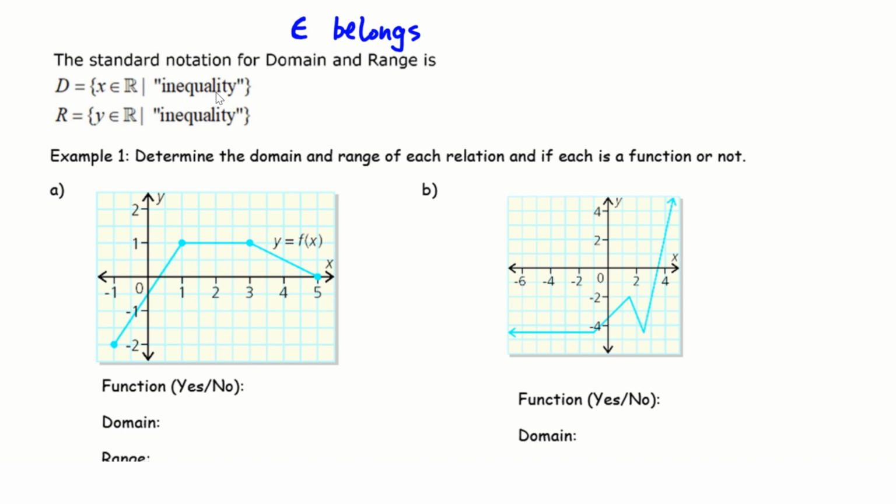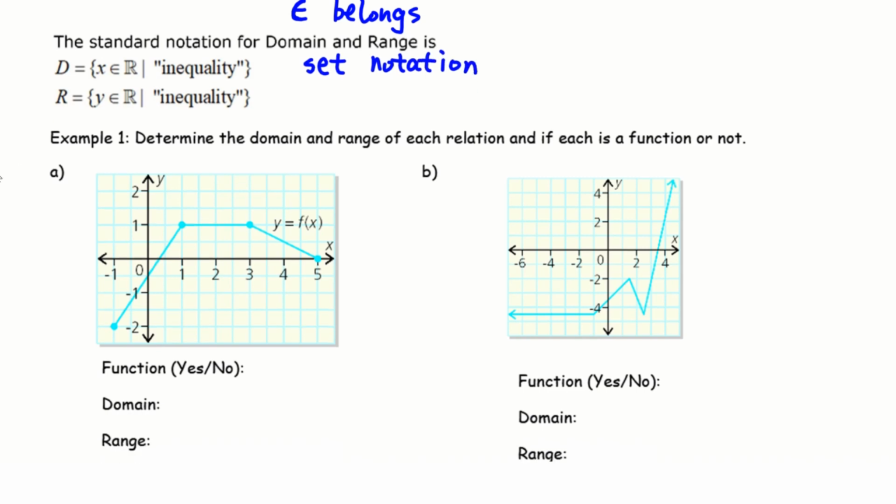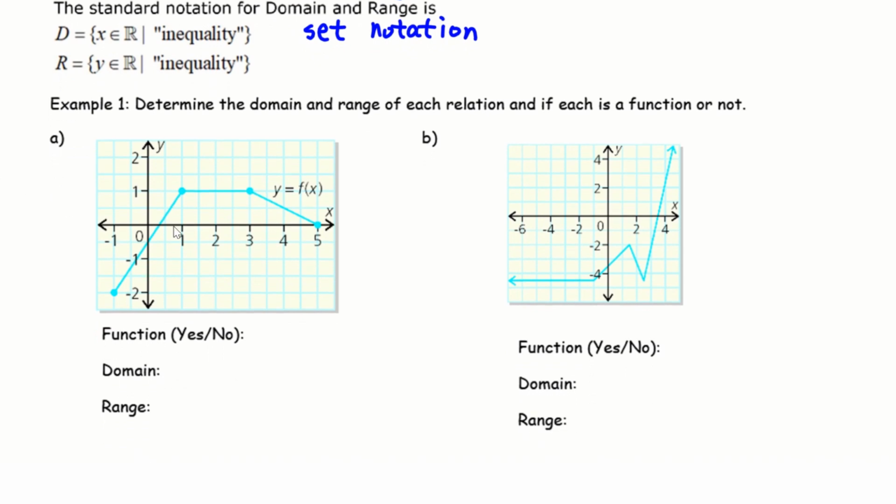Then we put inequality there. So this is a set notation for domain and range. So we are going to write it in this way. So this one, we are going to find the minimum and maximum.